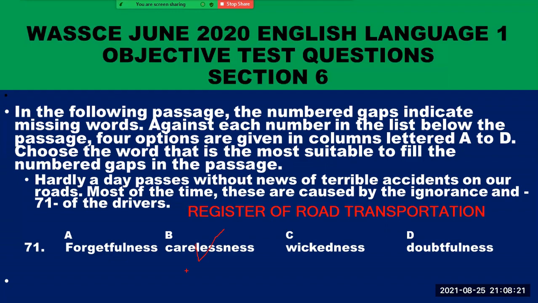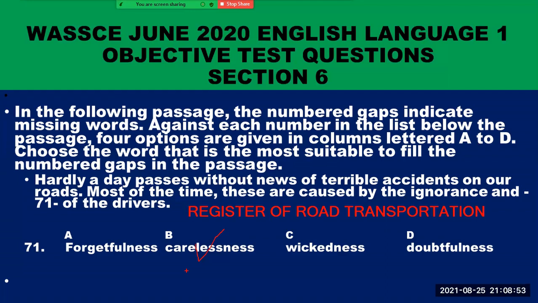This is what we call register. According to Jonathan Swift, talking about style of writing, he described it as putting proper words in proper places. So when you are given a passage in section 6, there are different gaps that you need to fill in with suitable, appropriate words.